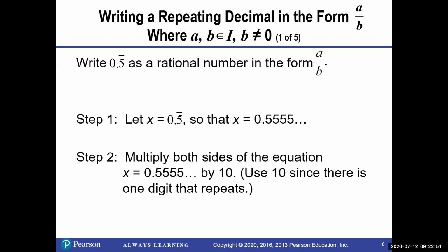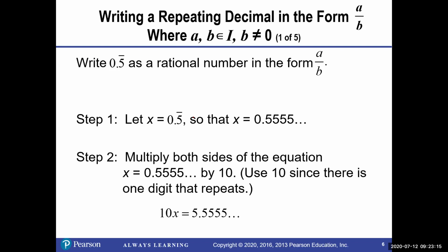You multiply by 10 because there is a single repeating digit, which is 5. So you multiply that equation by 10, and that gives you 10x being equal to 5.555 repeating, right?